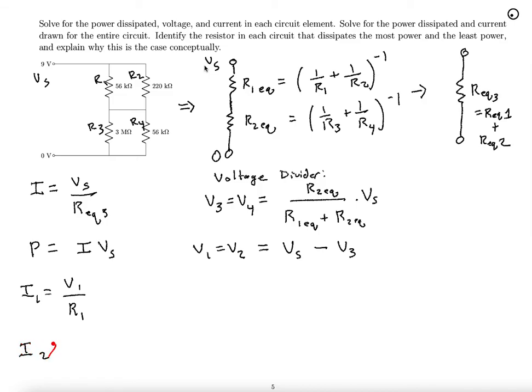The current through 2 is V2, which I have here, over R2. The current in resistor 3 is V3 over R3, and the current in resistor 4 is V4 over R4.